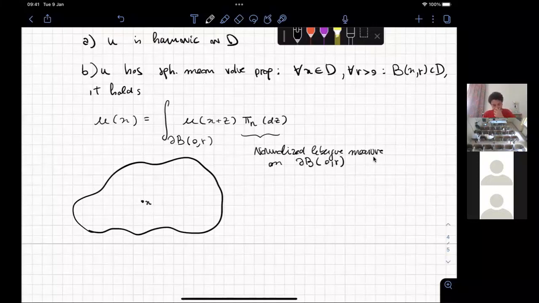So basically, this is the Lebesgue measure on the boundary times 1 over the Lebesgue measure of the whole boundary. So we are basically normalizing the things. And so it's the measure over the boundary times 2 pi, whatever it is, if we are in R2, for instance.